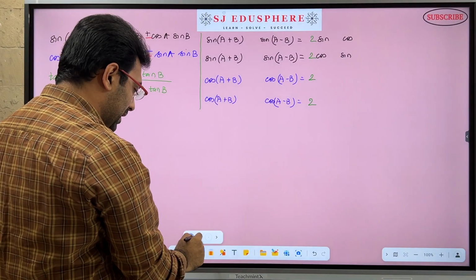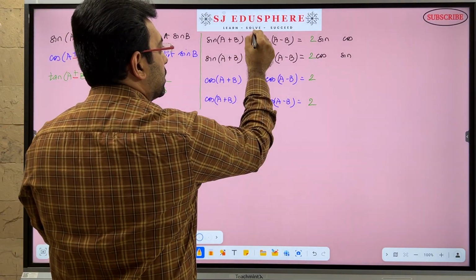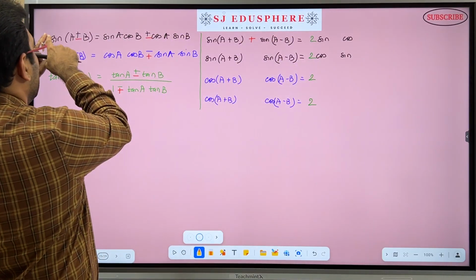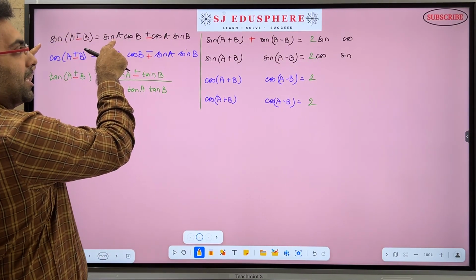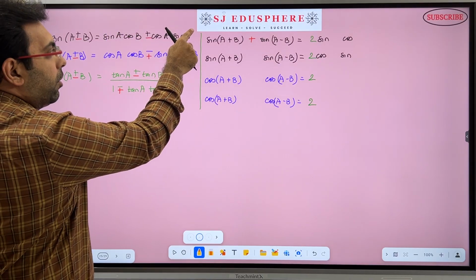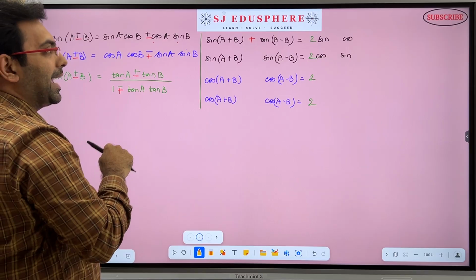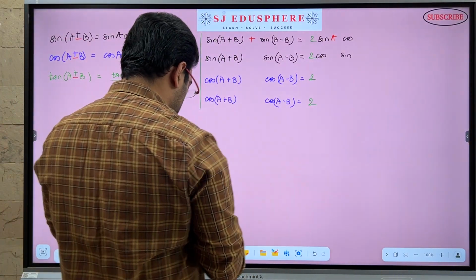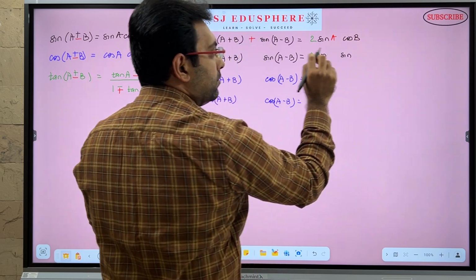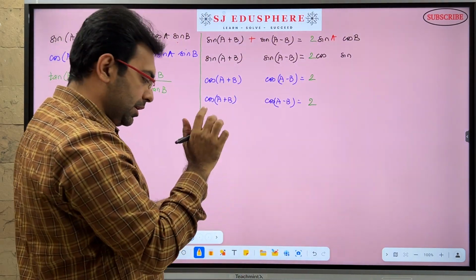If I give it a plus, that means sine(A+B) formula plus sine(A-B) formula. The up formula plus the down formula, this part will get cancelled and I'm left with 2 sine A cos B.